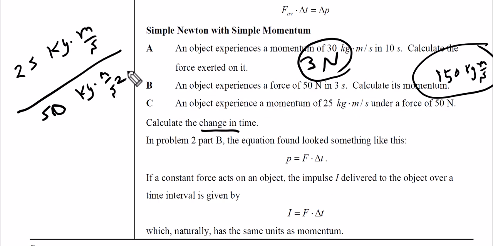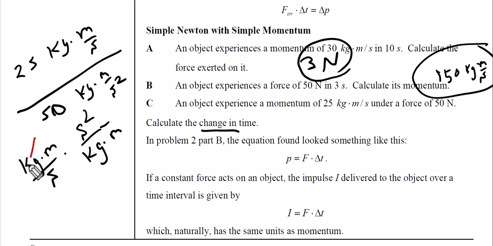Now, if we want to do this appropriately, we could do the units as a kilogram meter per second divided by a kilogram meter per second squared, and then keep, flip, change. Everything cancels, left with the second, which is the appropriate unit for time. And 25 divided by 50 should be 0.5 seconds.